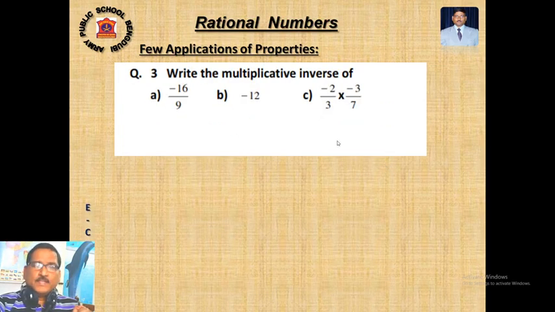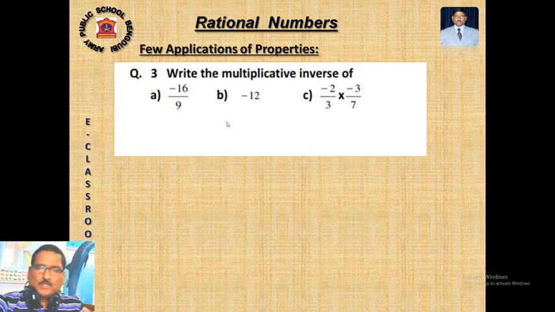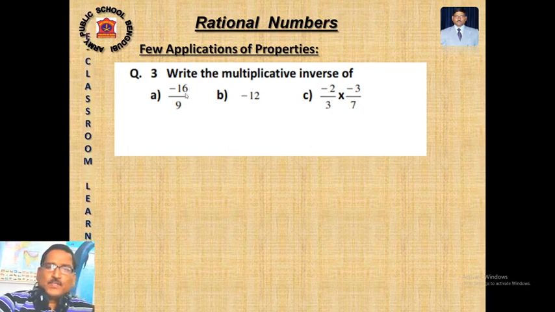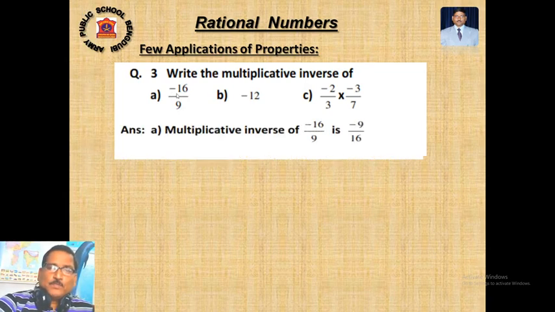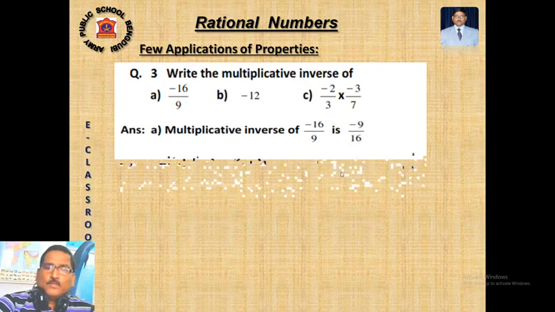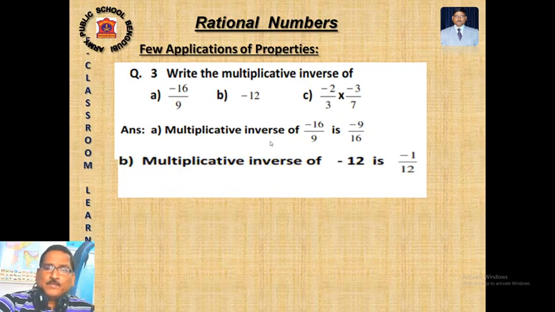Now come to the next property, multiplicative inverse. What is multiplicative inverse? Just the reciprocal. We have to reciprocate the numerator and denominator, but the sign will always be with the numerator. So what is the multiplicative inverse of minus 16 by 9? It is minus 9 by 16. What is the multiplicative inverse of minus 12? Minus 12 can be written as minus 12 by 1, rational form, and then the reciprocal is minus 1 by 12.